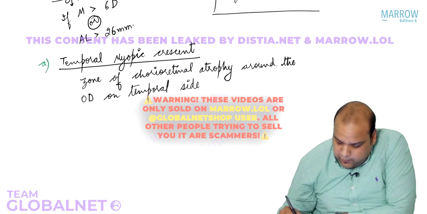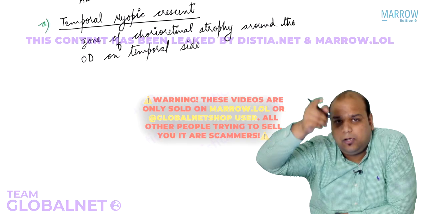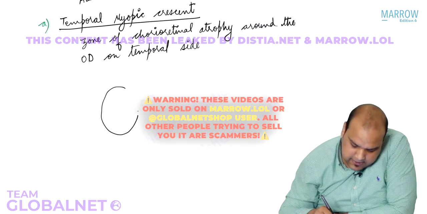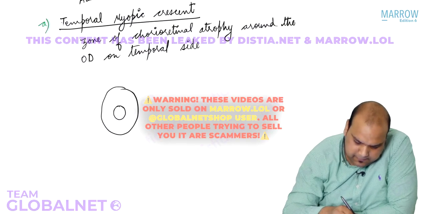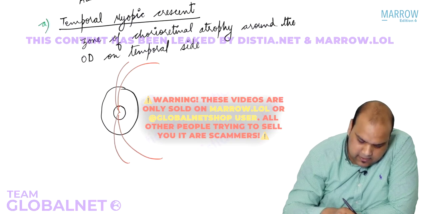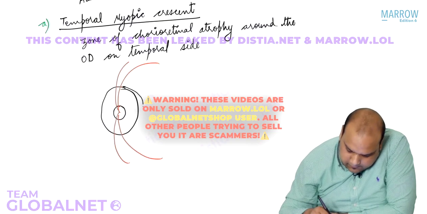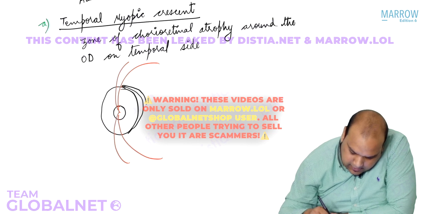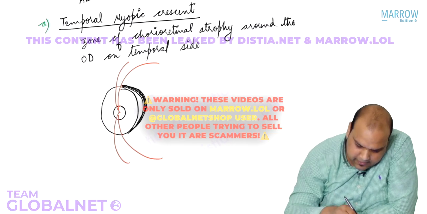If I draw the image for you, I hope you will be able to relate to your glaucoma lecture. This is my optic disc, optic cup. These are my blood vessels coming out, everybody. There are two zones of atrophy, beta zone, alpha zone. If you can correlate your glaucoma chapter, everybody. Okay.